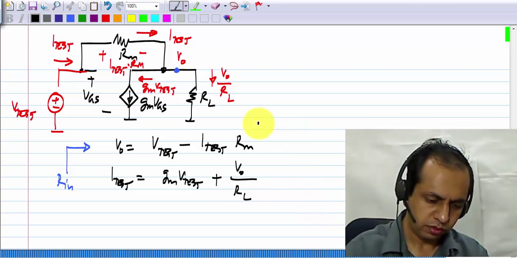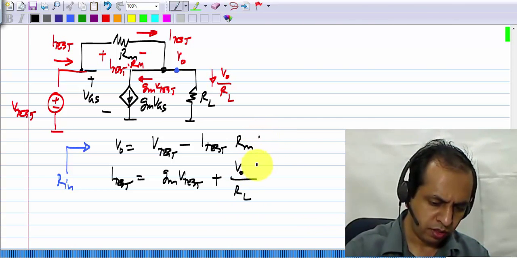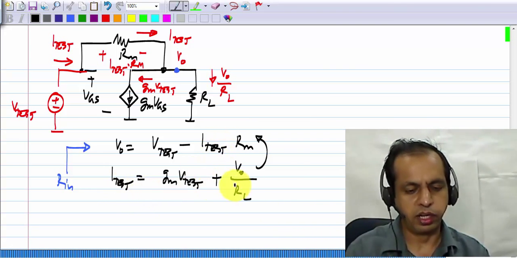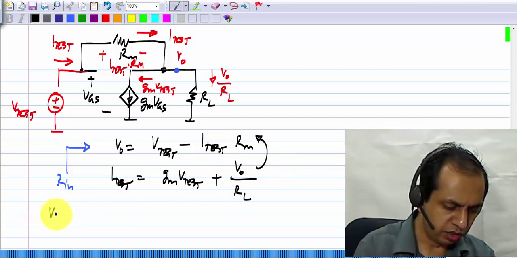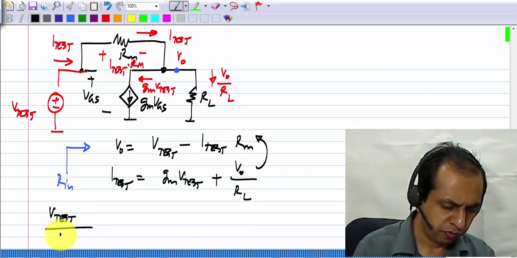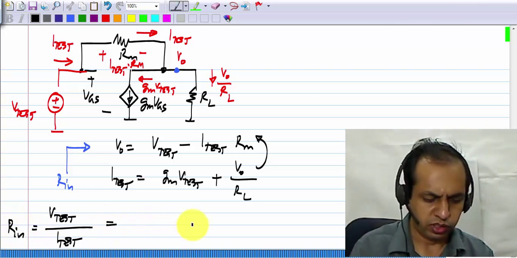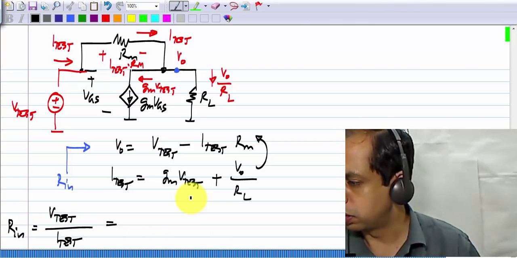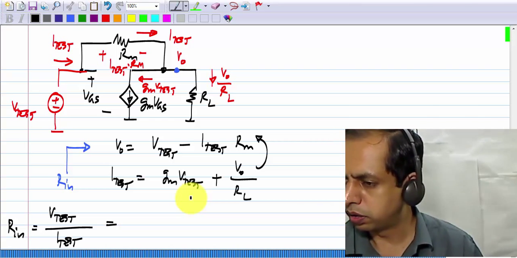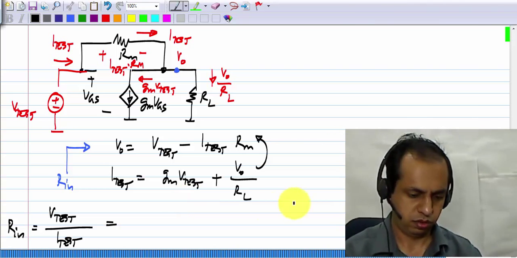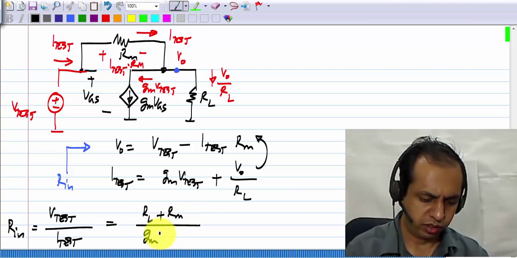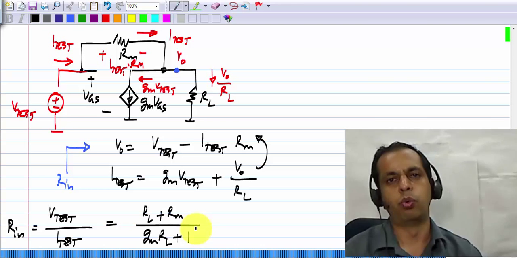So substituting for V0 from there, we get an expression relating V test and I test, and it turns out that the input resistance, which is V test by I test, equals RL plus Rm divided by GM RL plus 1.